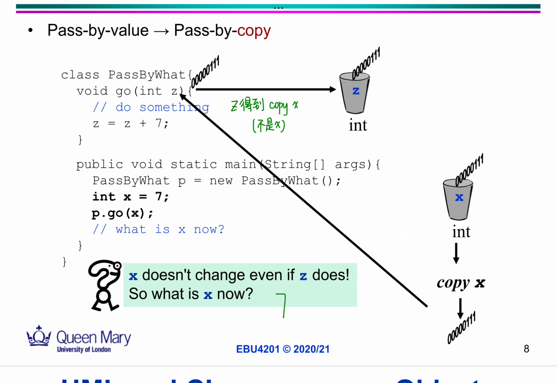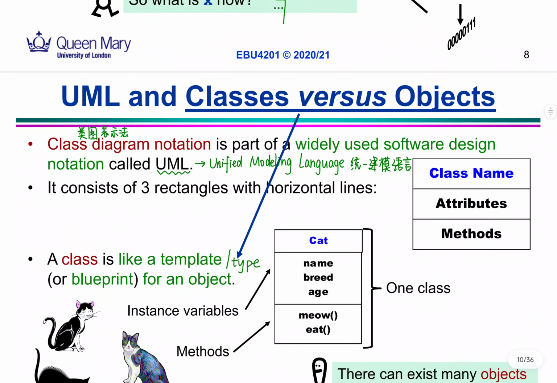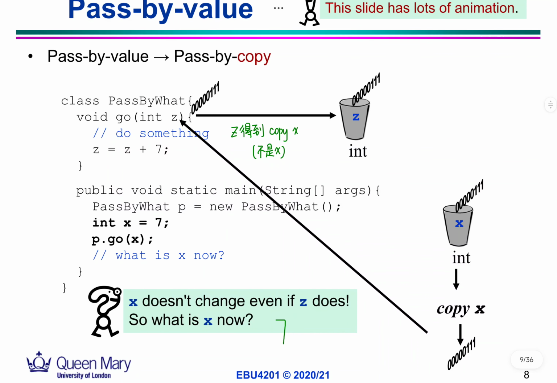But when we do x equals 7, p.go(7). What is x now? X doesn't change even if they change that. So what is x now? It still stays the same, not 7. Why?